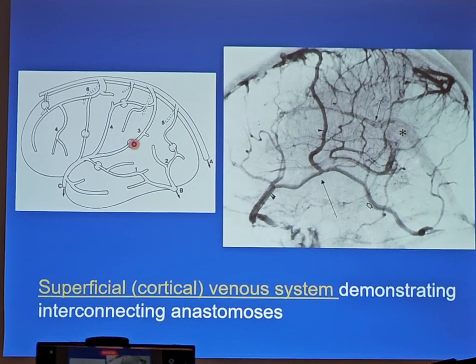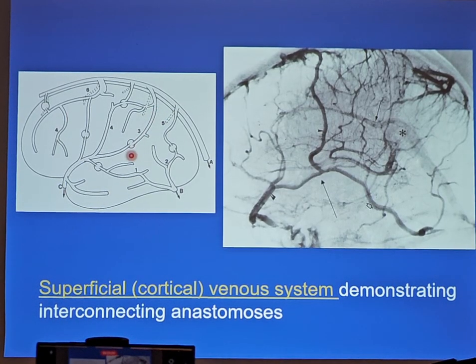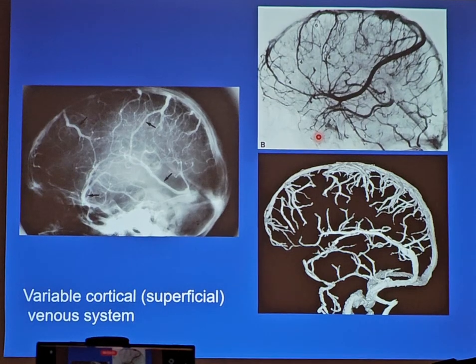But the one thing that allows surgeons to get away with interference of these cortical veins is that there are many anastomoses between the systems. And you can see here, between this cortical vein and the Sylvian vein, there are nice anastomotic opportunities, and that will allow blood to flow one way or the other. So fortunately, it's not always creating a problem.